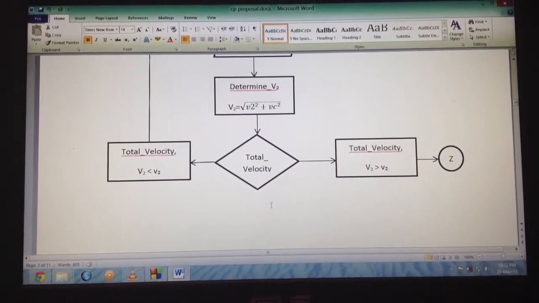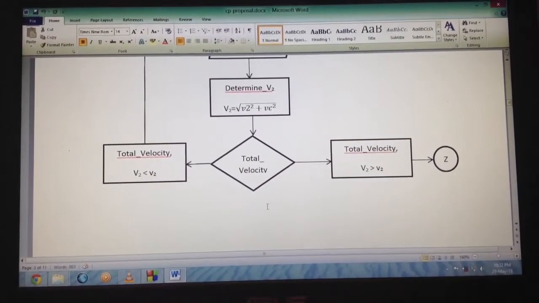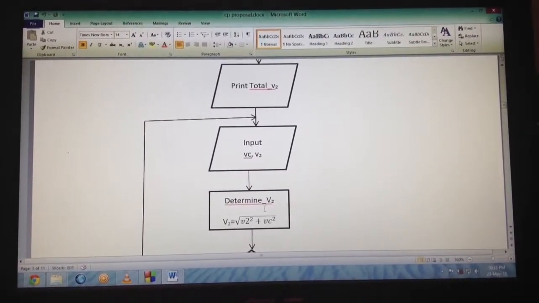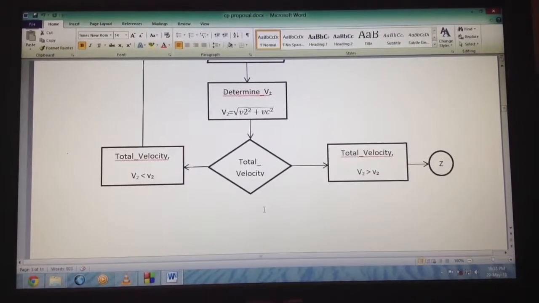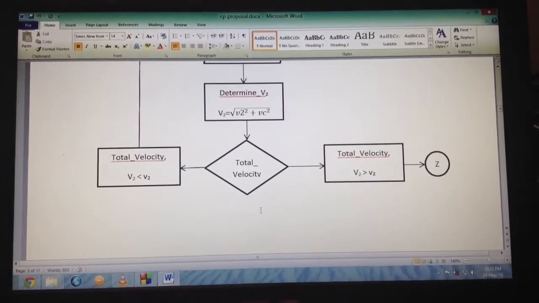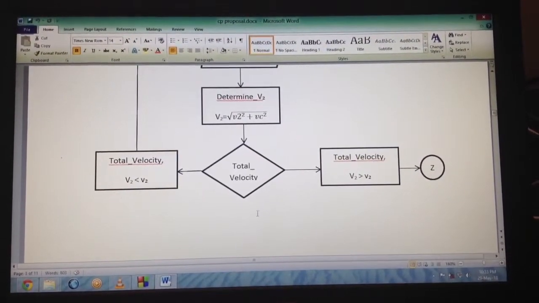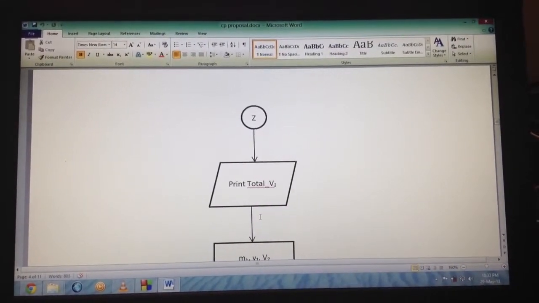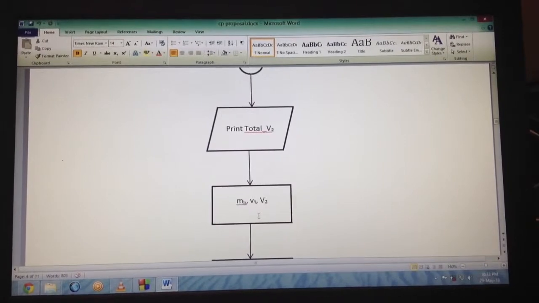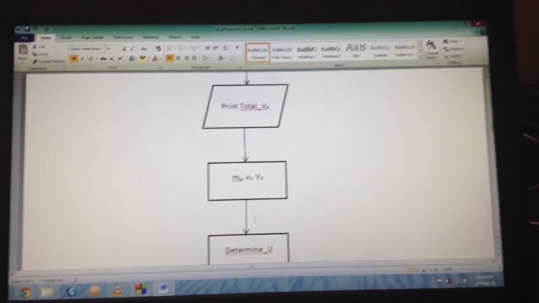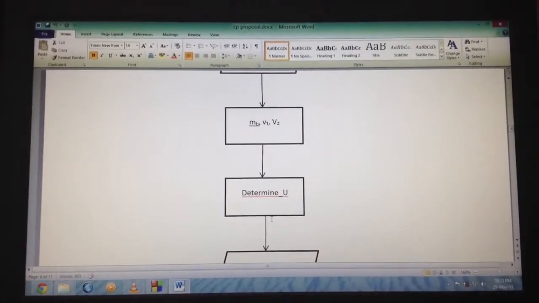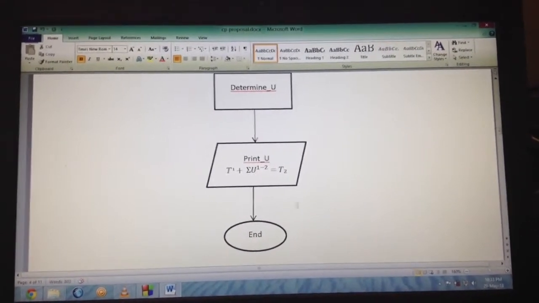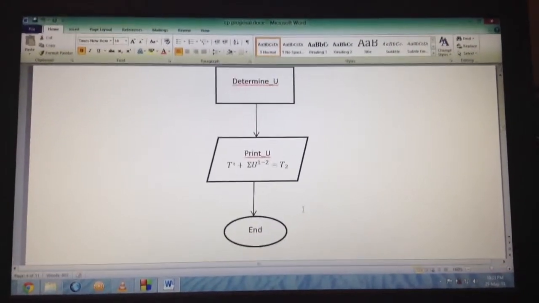If the velocity is less than V2, then it will loop again to the second input. If the velocity is greater than V prime, then it will go to print the total V2, and then you will determine U itself, print U, get the answer, and end.